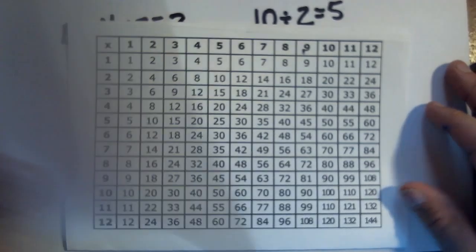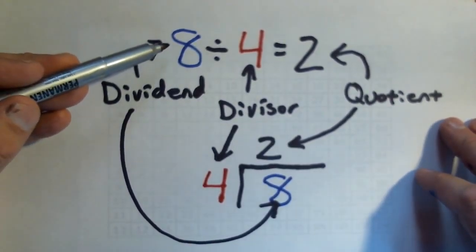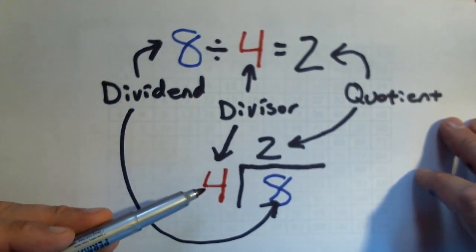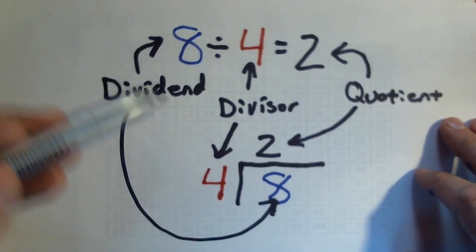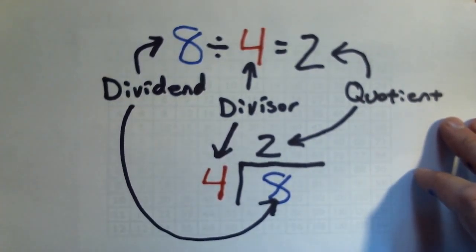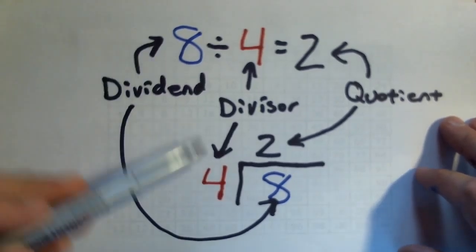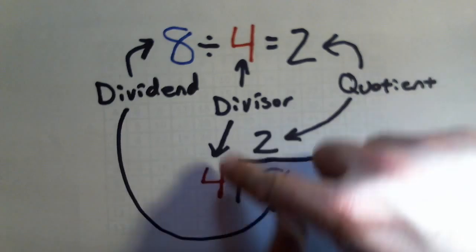So just remember, you could see it like this, and you could see it like this. And then when we get into fractions, we're going to see it a third way. But we won't get into that right now for basic division. That's kind of beyond the scope of this video. So just remember these two different ways, and it's kind of like these are backwards.